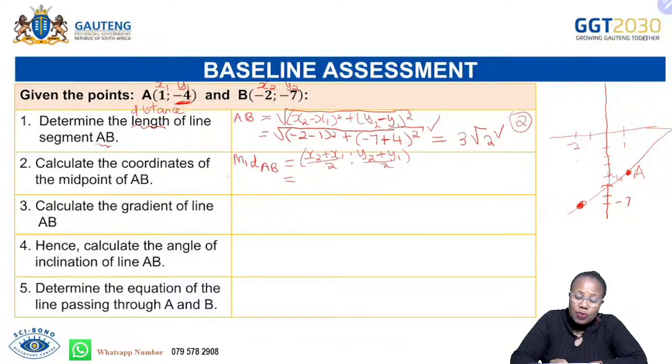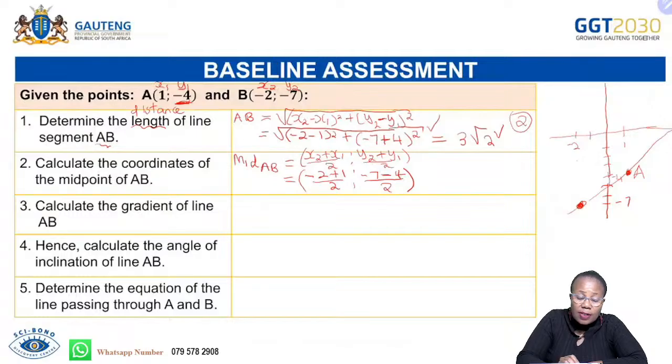And then we come to the substitution part now. We are still using the same x2 is -2 plus x1 is 1 all over 2. And then your y2 is -7 plus y1. y1 is negative, then it will be -4 over 2.